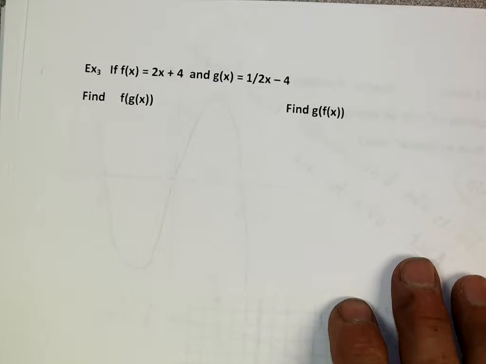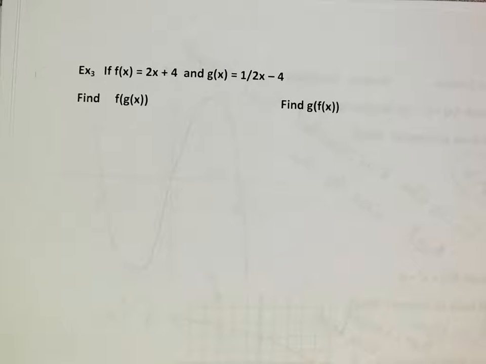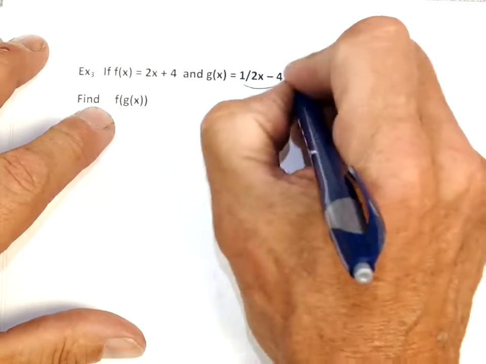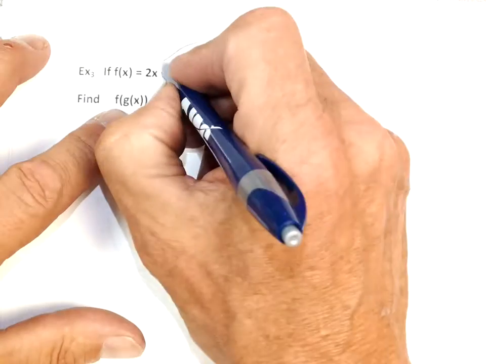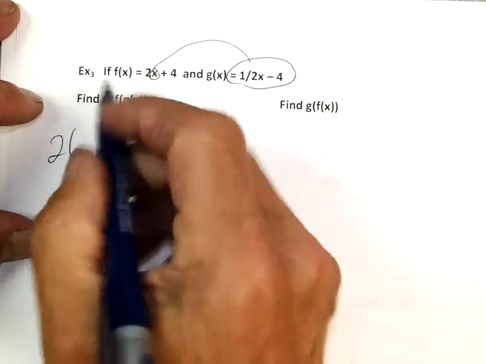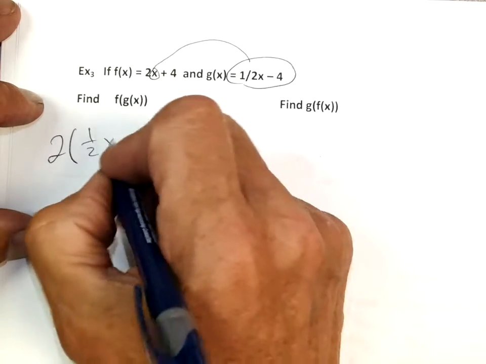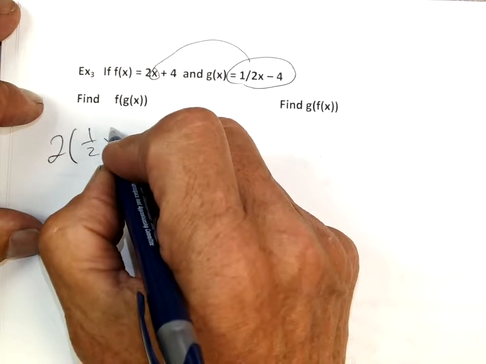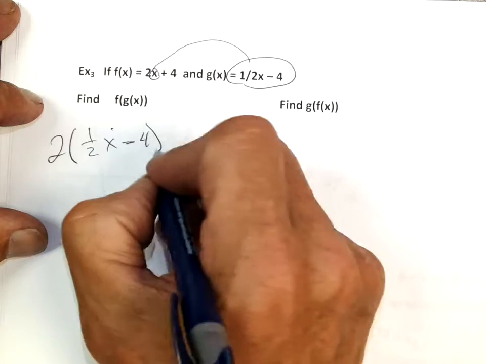I've got 4.5 minutes, okay? Now, old stuff, one more time, right? Now, let's put g of x into f. G of x is this, and it's going to go right in there. So it's going to be 2 parentheses, 1/2 x minus 4, plus 4.